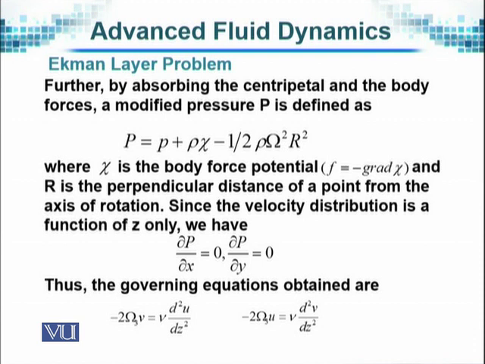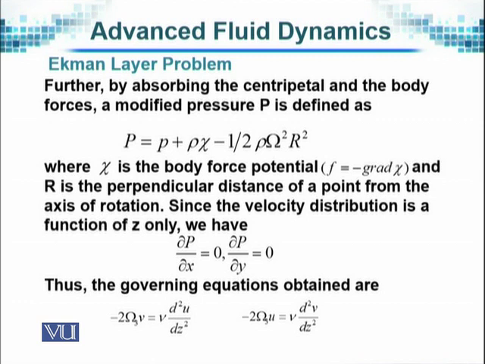So we need to describe the problem very well in order to obtain the solution of the Navier-Stokes equation for this particular fluid flow problem. It is important to describe all the parameters, so that when we obtain a solution, we can interpret it accordingly and properly.